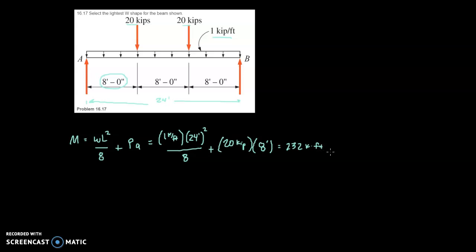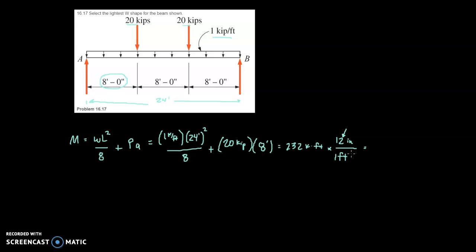Now, if I want to convert that into kip inches, remember this is a moment. This is kip feet. It's not kips per foot. It's kip times feet. So feet are on the top. So to convert, I've got to put it on the bottom. So for every 1 foot, there are 12 inches. So I am multiplying here by 12, not dividing.